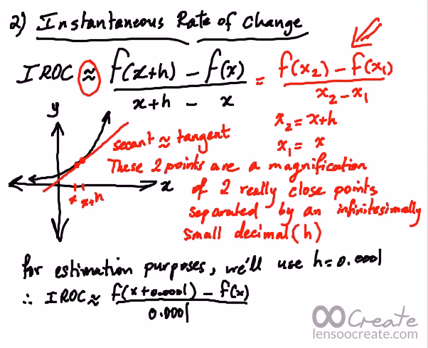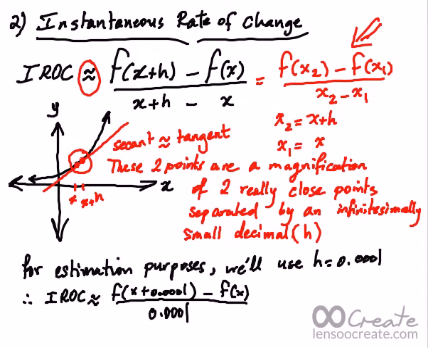By definition, the instantaneous rate of change is the slope of a tangent at a point. So we don't have the ability right now to find the slope of a tangent at a point algebraically. So what we'll do is we'll assume that we're finding the average rate of change between 2 points that are very, very close. And so here I have 2 points drawn.